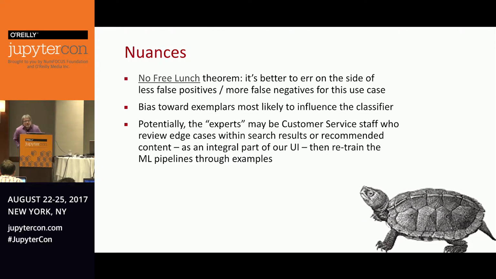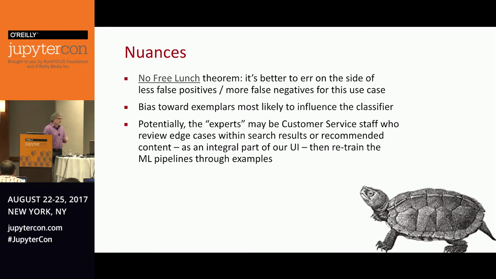Now, in terms of machine learning, is everybody here familiar with something called the no free lunch theorem? The idea is there's going to be bias, and you're going to have to tilt your operations one way or another. For us, it's better to err on the side of fewer false positives, more false negatives, because we want to give people good search results. We don't want to give them bad search results. We have a lot of content.